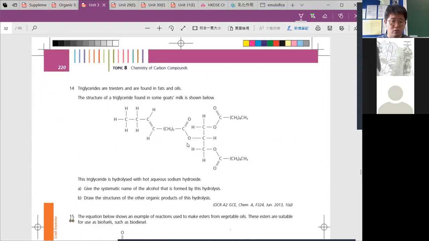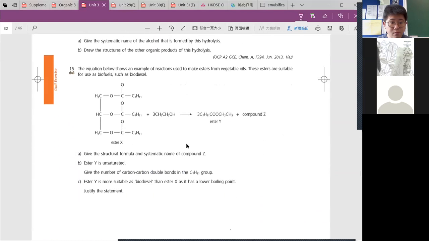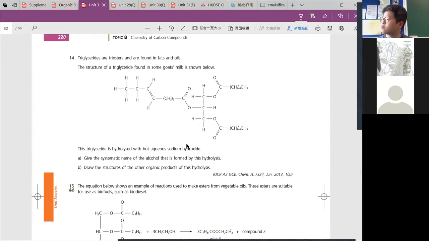You take a look at the long question. Warm-up exercise 14. This is the systematic name of the alcohol that is formed by this hydrolysis. Alcohol.